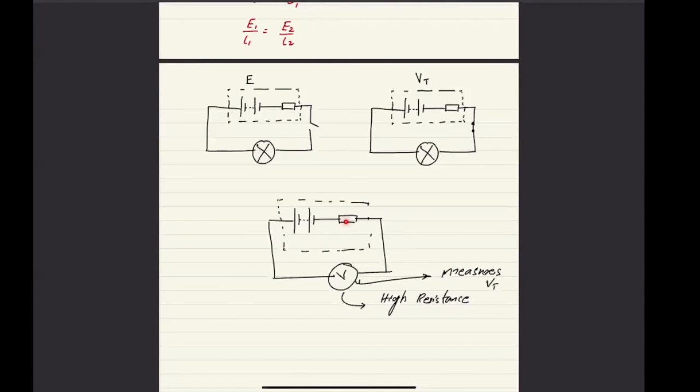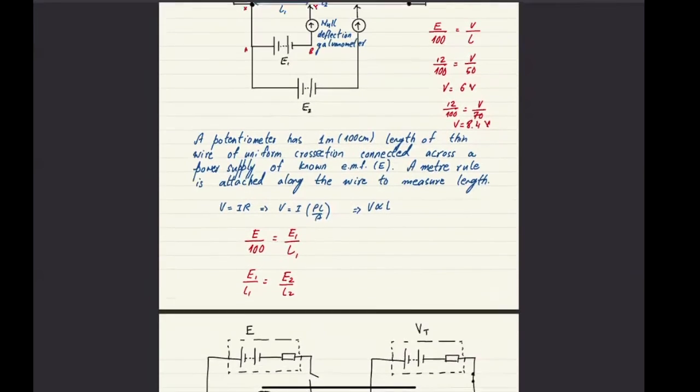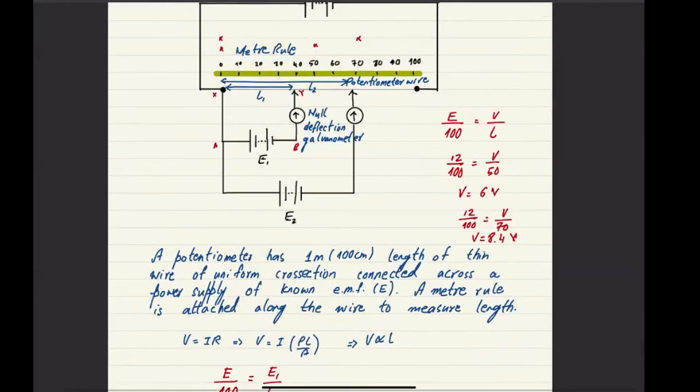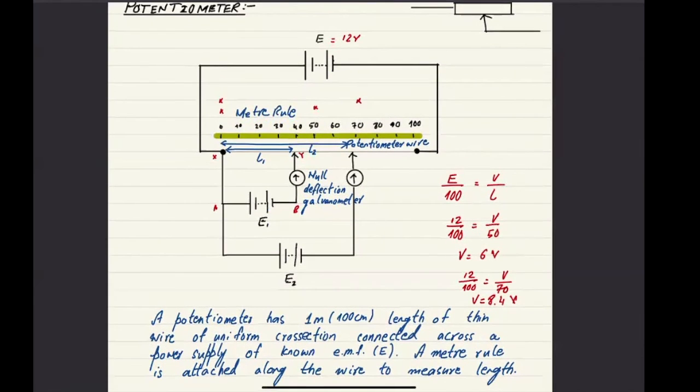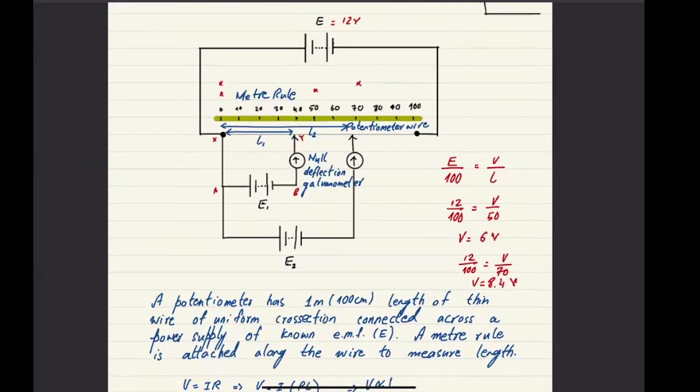But there would be a voltage drop, and hence, with the voltmeter, you're unable to measure the EMF. Something that you can measure is always going to be the terminal potential. That's basically the limitation of it. So we can use this potentiometer to measure the EMF of the battery as well.